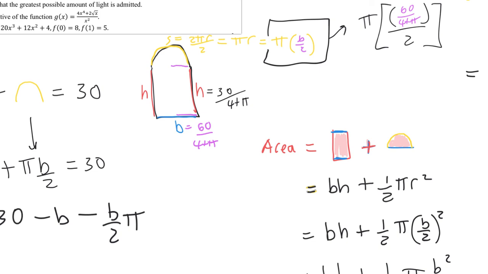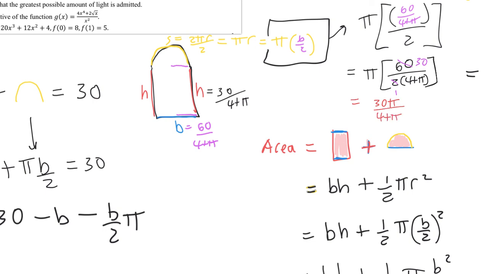And as a result of doing so, you would get pi times 60 over 2 times 4 plus pi. And that would become a 1, that would become a 30. So that would ultimately be 30 pi over 4 plus pi.